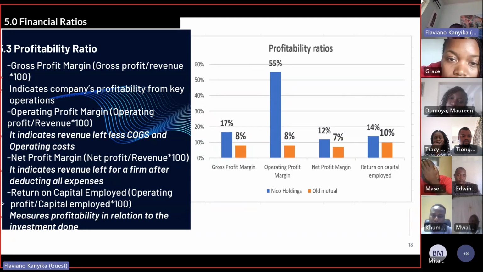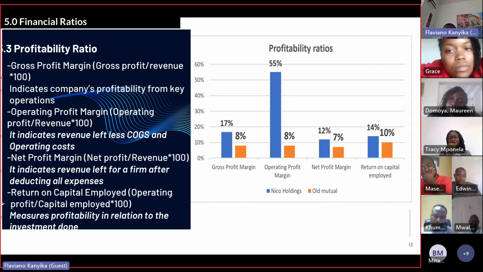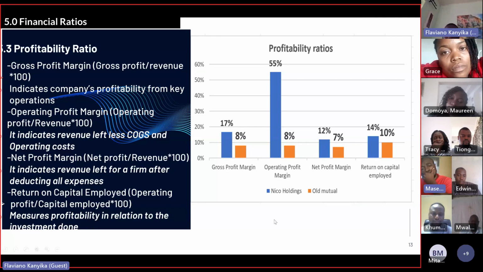And then we have return on capital employed, which measures profitability in relation to the investment done. As you can see on the graphical presentation, NICO is performing much better in all the aspects, in terms of gross profit margin, operating profit margin, net profit margin, and return on capital than Old Mutual.